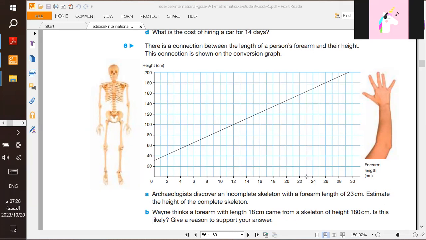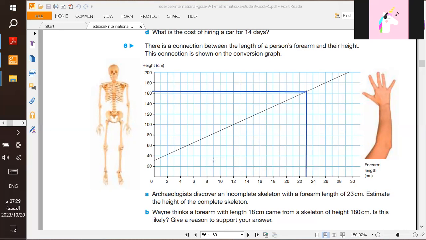Yes, 23. We're going to take a line from here and we'll go up until we stop at the line here. And then we're going to go from here back to this line. Back to this line here, almost here. Now, we're going to estimate the height, which is here.